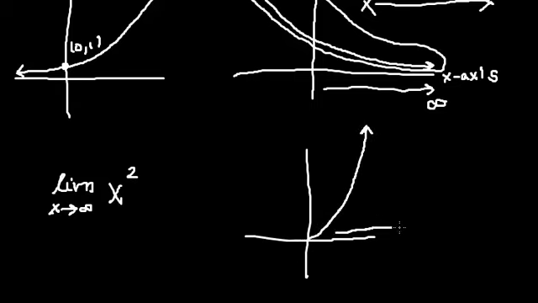And as you approach a large number, the y also approaches a very large number. And hence the answer to this is also infinity. Which means that, as humans, we understand that x squared doesn't have any asymptotes, compared to e raised to negative x, which has an asymptote equal to the x-axis.